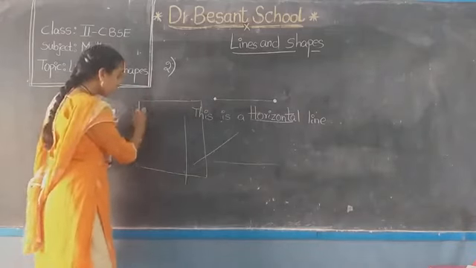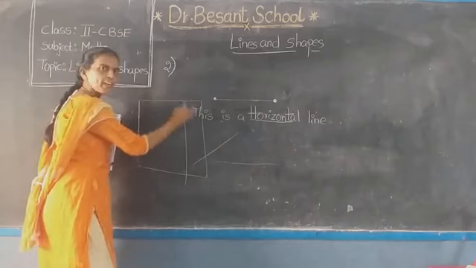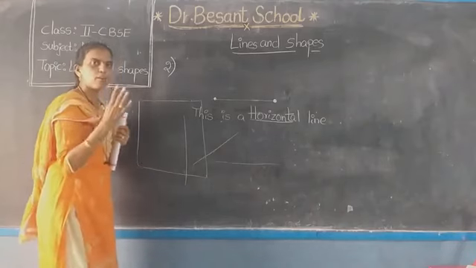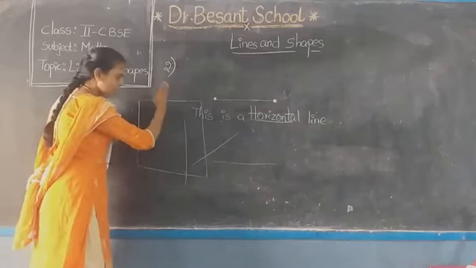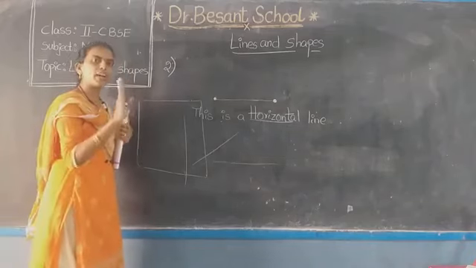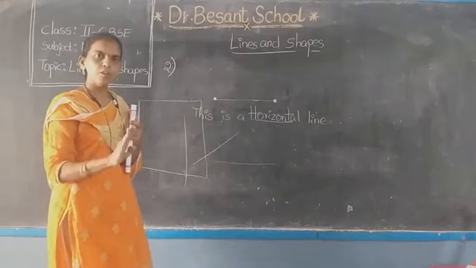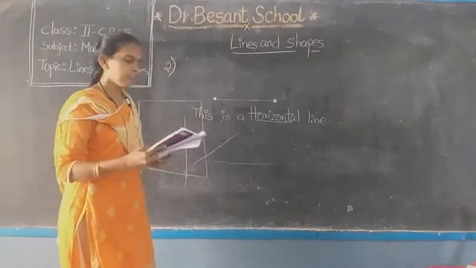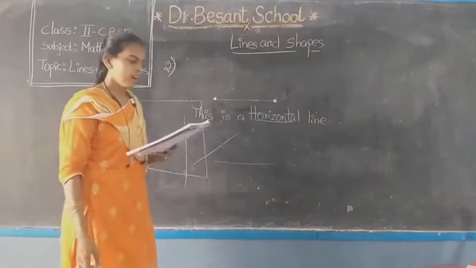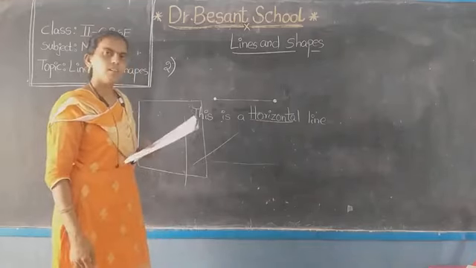You have to write in vertical form, horizontal form and slant form also. Three forms, vertically, horizontally as well as slantly. This is the activity for you for today's work. After that we'll continue the class. Okay?